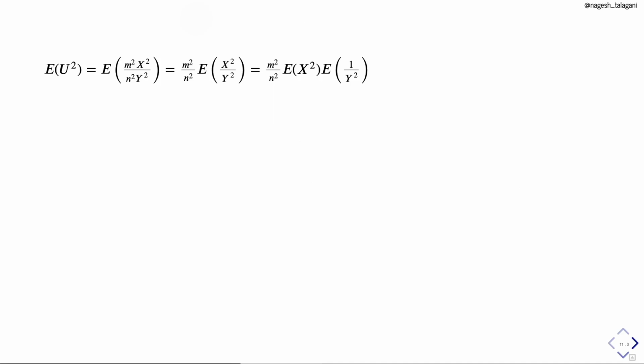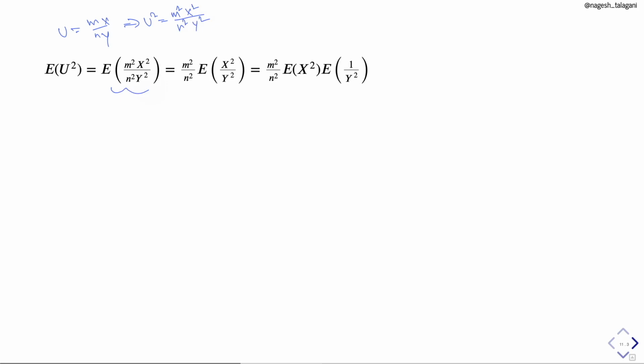Since u equals mx by ny, that implies u square equals m square x square by n square y square. So the expectation of u square equals the expectation of m square x square by n square y square.